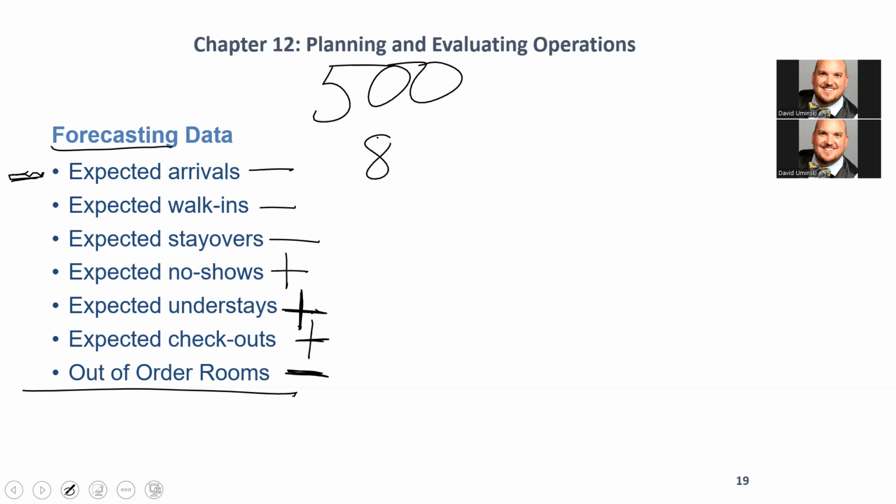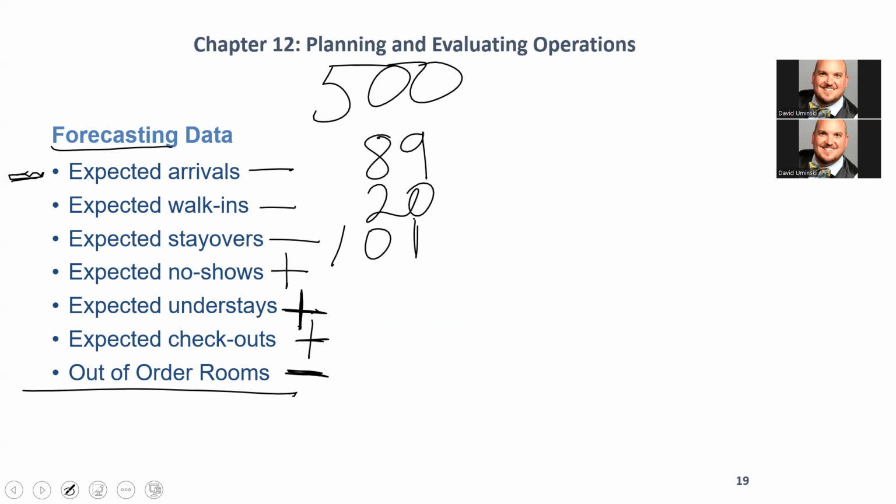So we have 89 expected arrivals. Michael, give me how many walk-ins we're expecting between 15 and 150. 20 walk-ins. Okay. Stayovers, Antonia. 101.